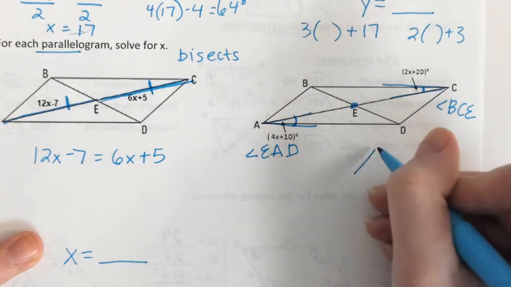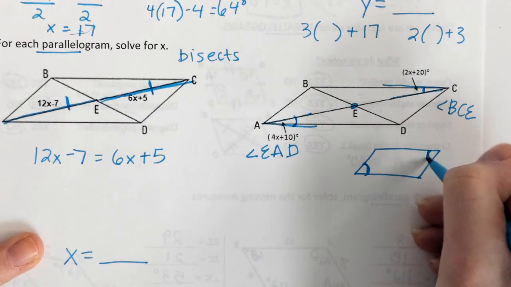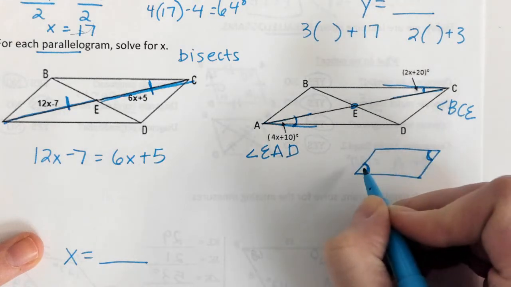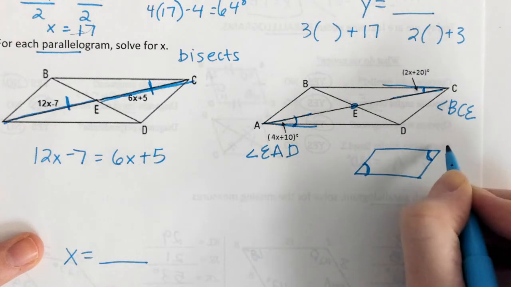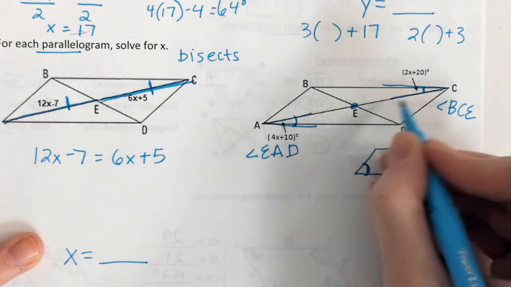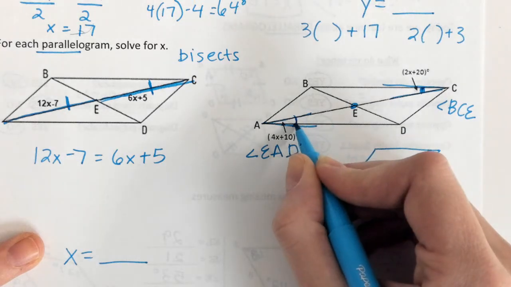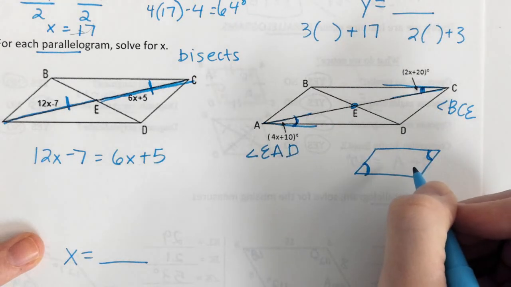When we had a parallelogram, we learned that this angle and this angle are equal. So if the whole angle and this whole angle are equal, when these angles get cut, then this little piece and this little piece are equal.